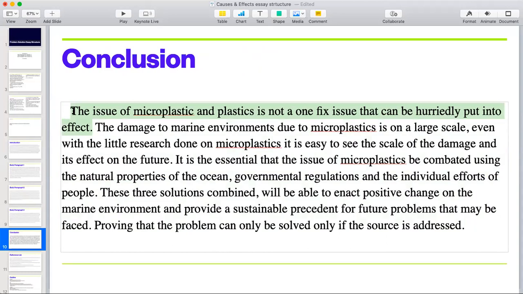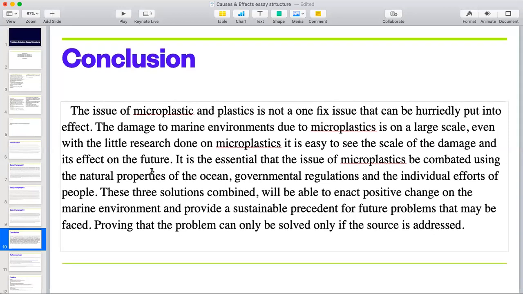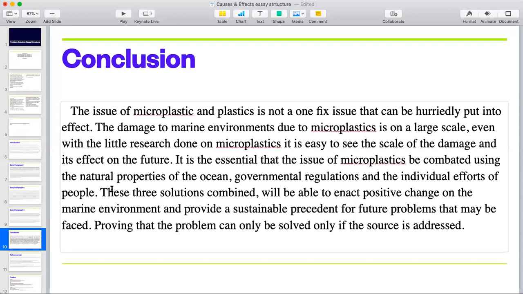It started on the wrong foot. Then he should be providing me with a summary of the main ideas, as we are going to say in 1 minute when we check the outline together. These 3 solutions combined will be able to enact positive change on the marine environment. So another mistake that he did is that he is not telling me which solution is the best.